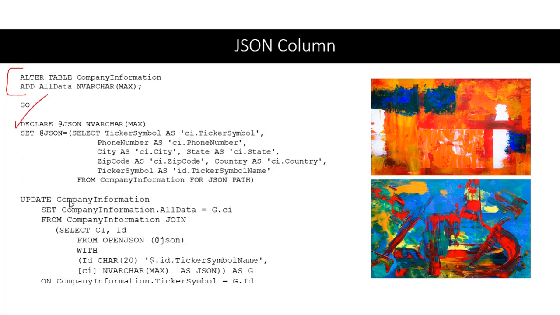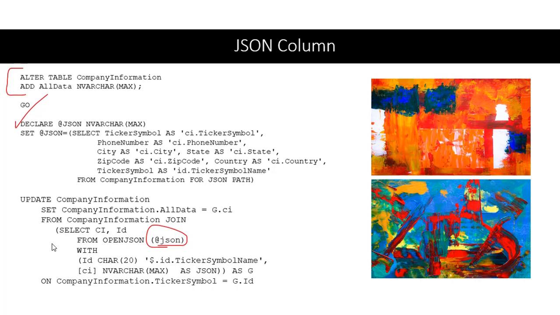So I update company information, set the all data column equal to something I'm going to generate in a CTE and a subquery. The basis of this entire subquery is that @JSON variable, which holds all the data that I'm going to use to determine my query.